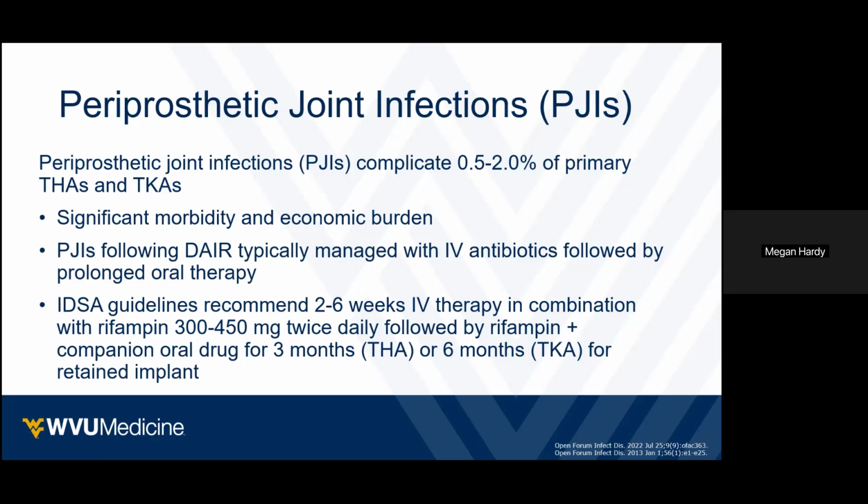Prosthetic joint infections following DAIR procedures are typically managed with IV antibiotics followed by prolonged oral therapy, including oral suppression following the initial treatment duration. Our IDSA guidelines recommend 2 to 6 weeks of IV therapy in combination with rifampin 300 to 450 twice daily, followed by rifampin plus a companion oral drug for 3 months for total hip and 6 months for retained implant.